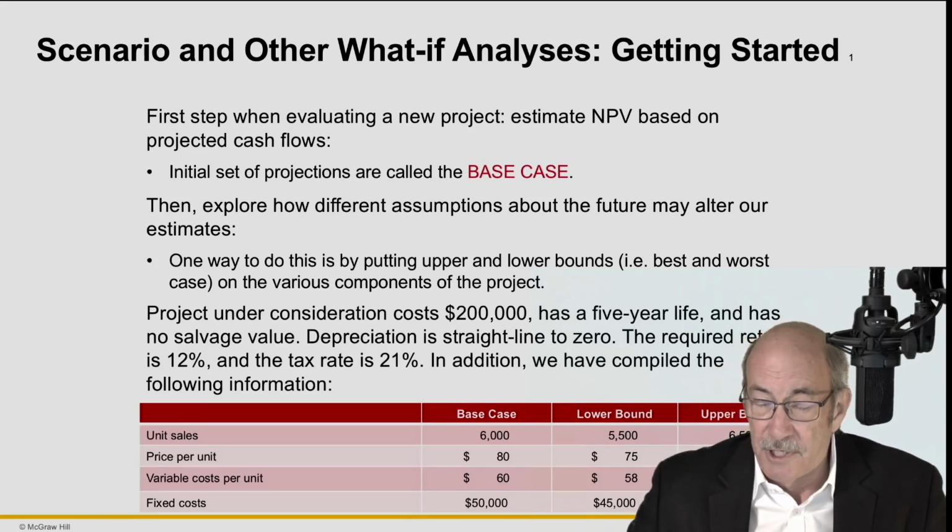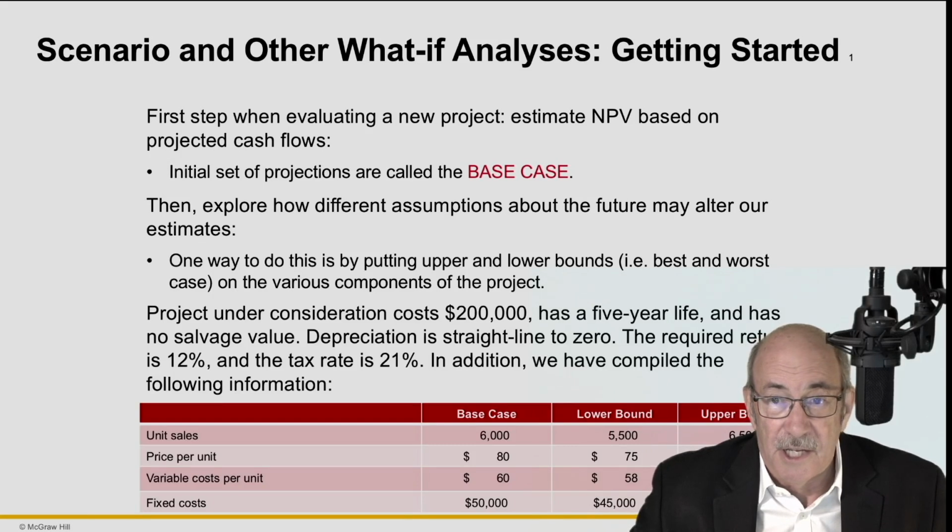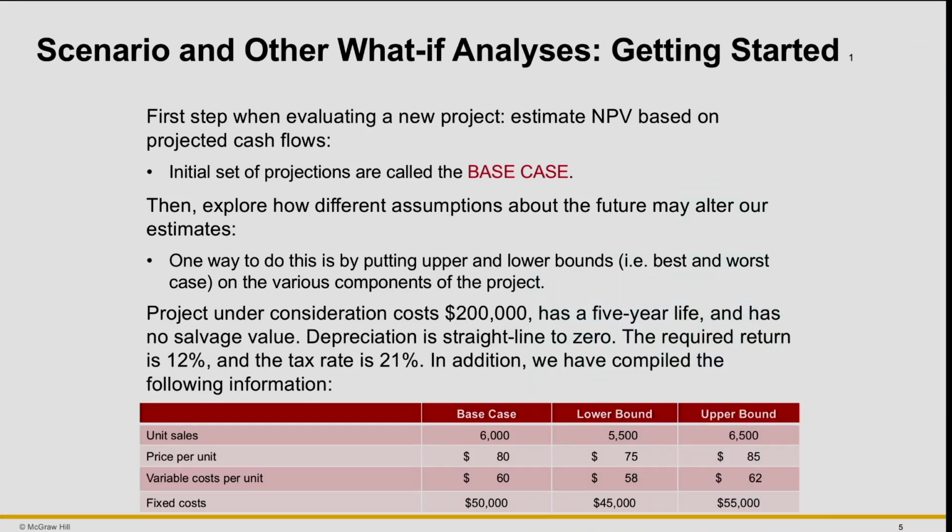Now, if you look down here on this slide, I need to get out of the way for this one, but you'll notice that here's the base case, and we have 6,000 units that we expect to sell. We expect to sell them at $80 per unit. The variable cost is $60, and the fixed cost is $50,000 for the year.